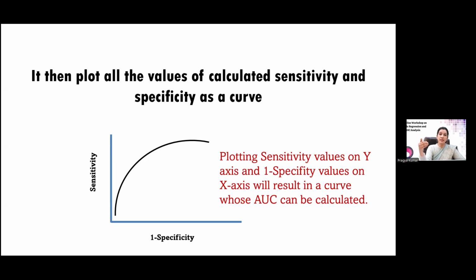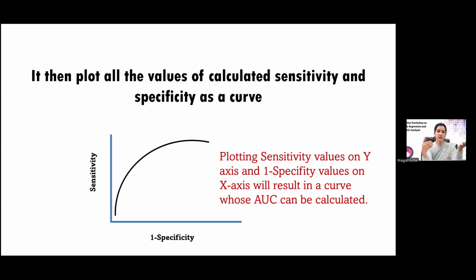So basically, we are more interested in detecting the diseased positive status. That's why sensitivity, which is the true positivity, and 1 minus specificity, which is the false positivity. So we are trying to decrease the false positivity and increase the true positivity, right?